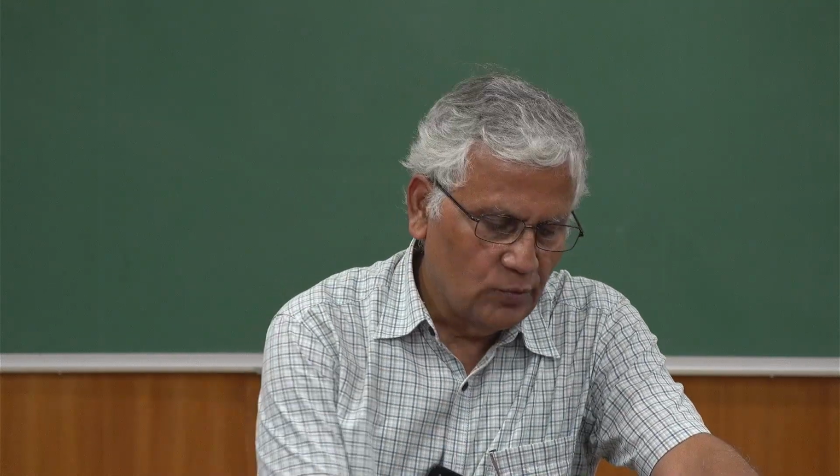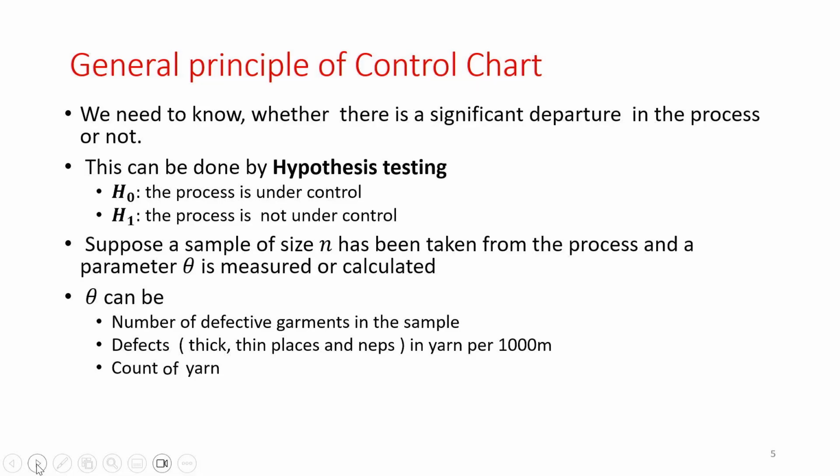So theta could be the number of defective garments in the sample. If I choose, let us say, n is 100, I find out in these 100 shirts how many shirts are defective. Maybe I get a value 10. Again I choose after some time another 100, and then again count how many defective shirts there are. This time a value may come 8.